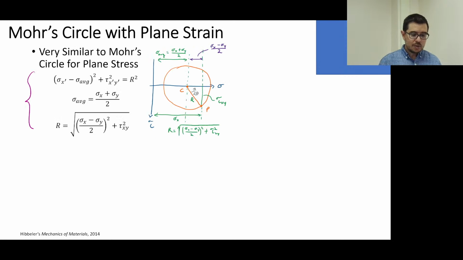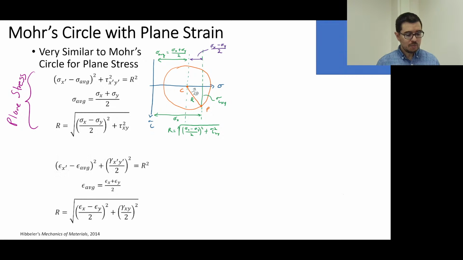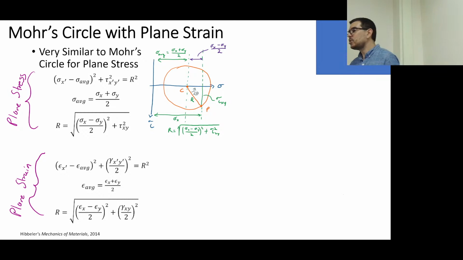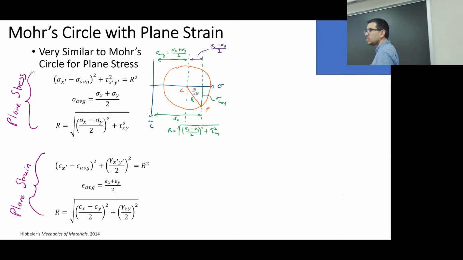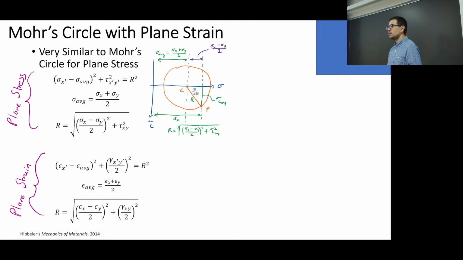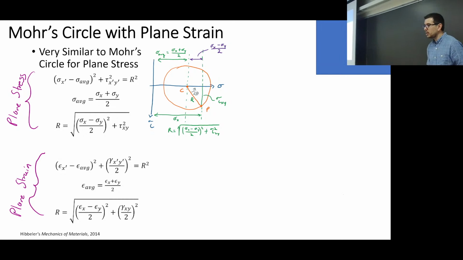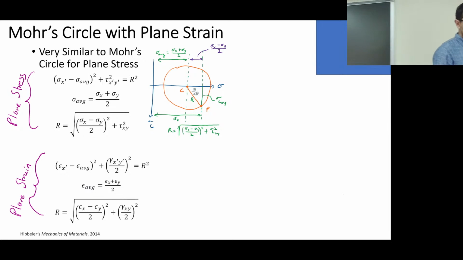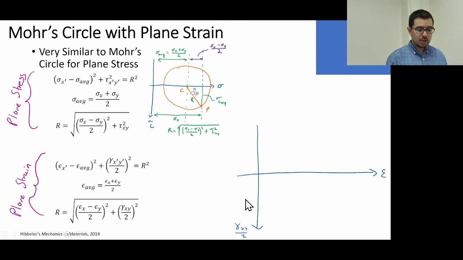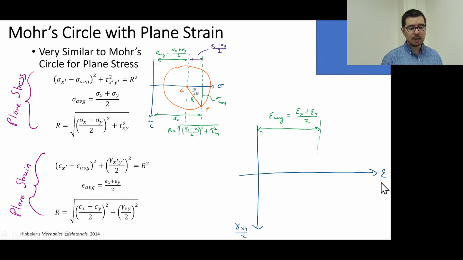So again, this is Mohr's circle for plane stress, but we can also use it for plane strain. Remember, Mohr's circle is just an abstraction: there are the transformation equations, and Mohr found a circular pattern that can fit these transformations. So again, make sure that gamma xy over 2 is the y-axis, or the vertical axis, and epsilon is the x, or the horizontal axis.